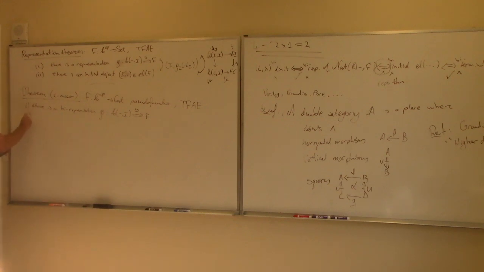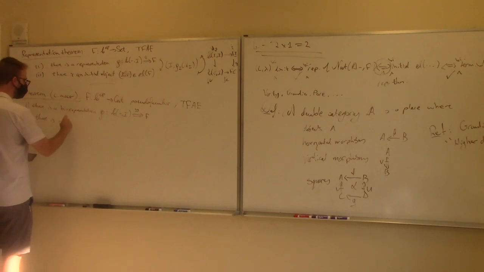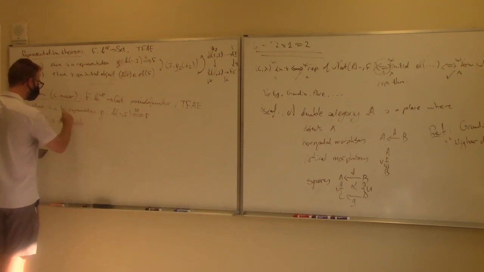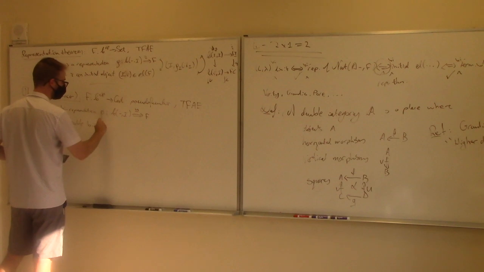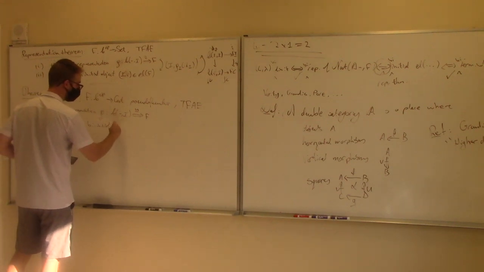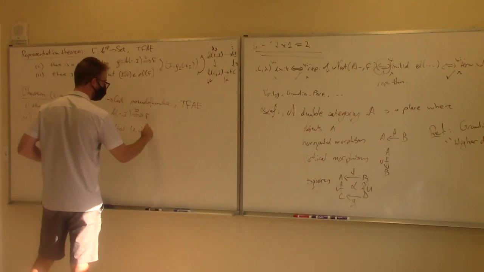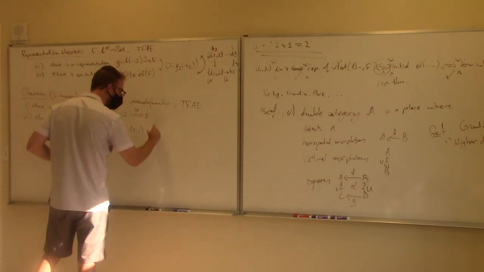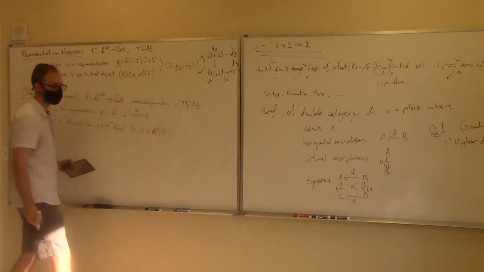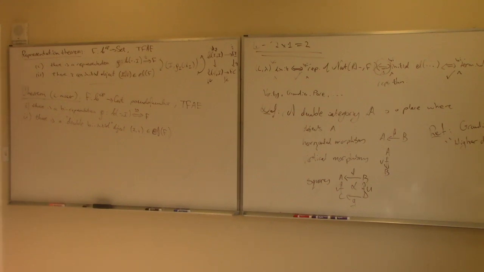And the other thing that is true is that there is a, I guess I want to write it the same way, there is a double bi-initial object II in the double category of elements of F. And lo and behold, we have a representation theorem.